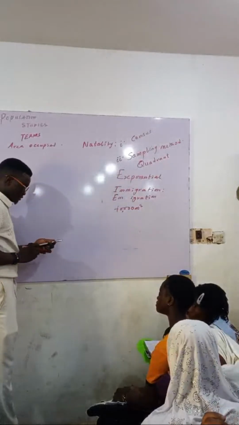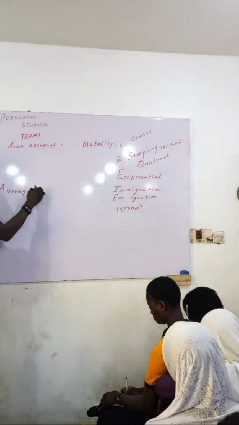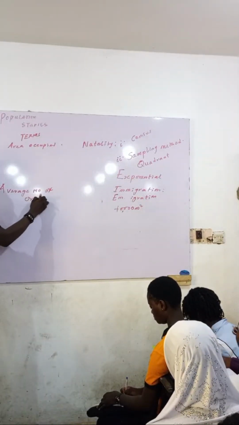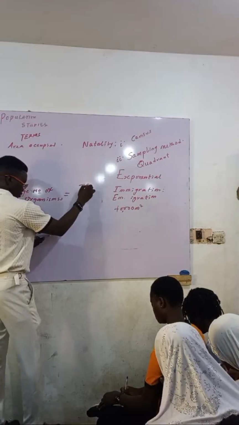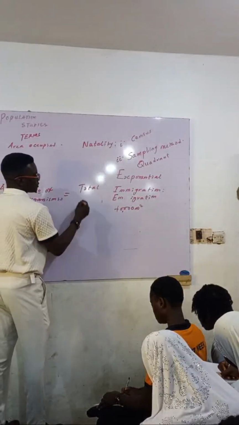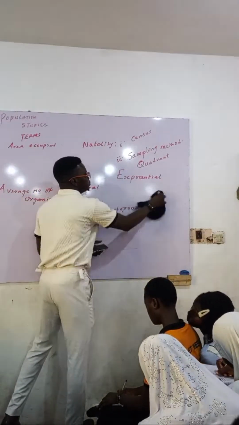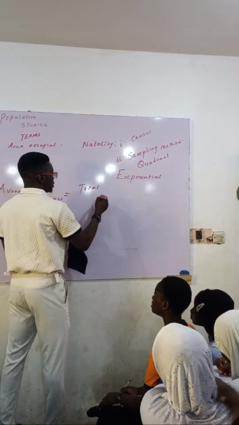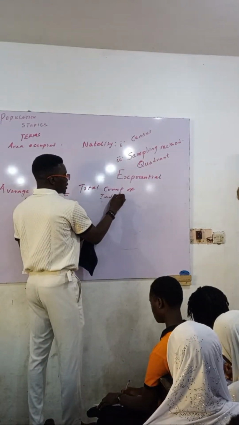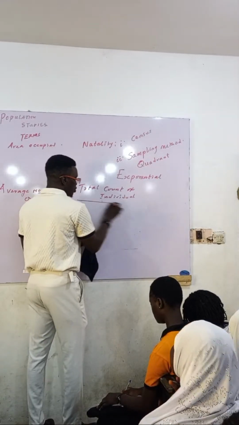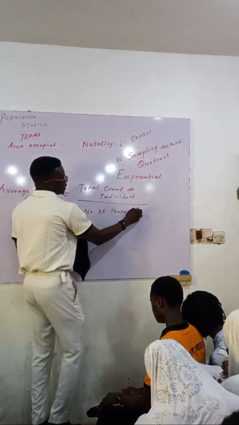So the formula is: average number of organisms equals total counts of individuals over the number of throws of the quadrant.